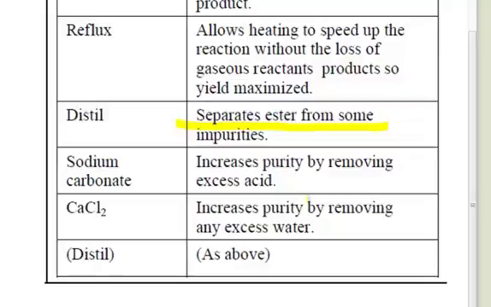Now obviously we've got the organic acid there, and one way to try and improve purity is to add something that's going to neutralize it, and that would be the carbonate. When that stops bubbling, that would mean that the acid had been neutralized.